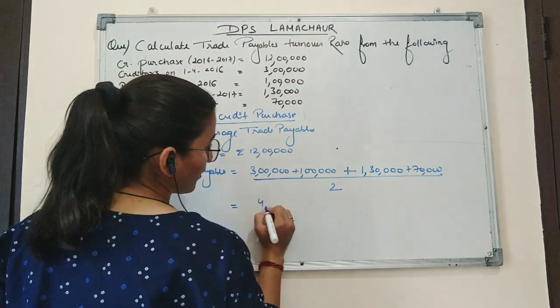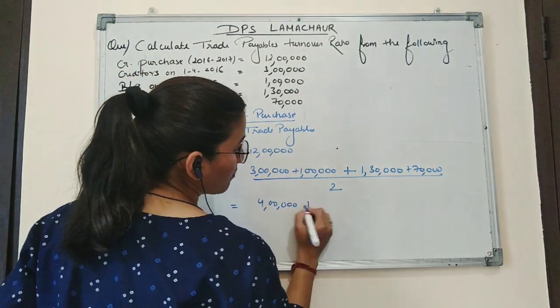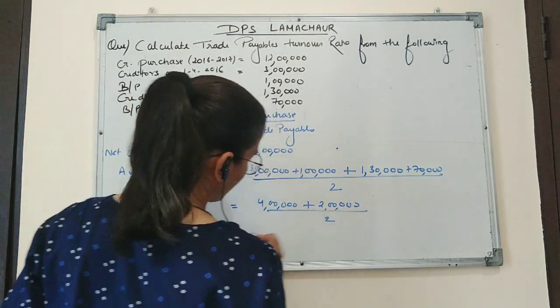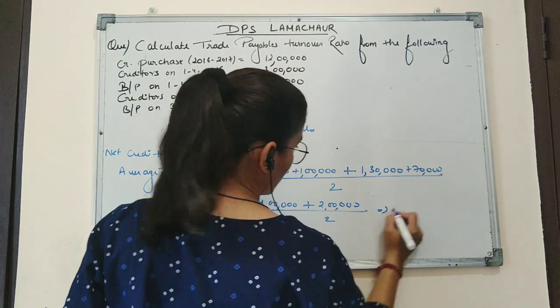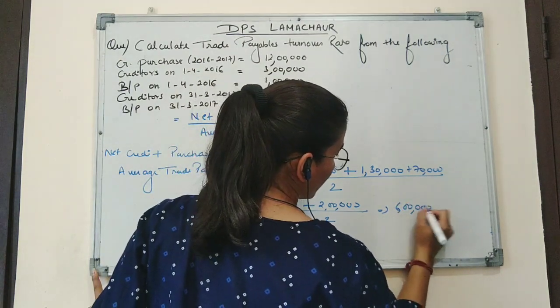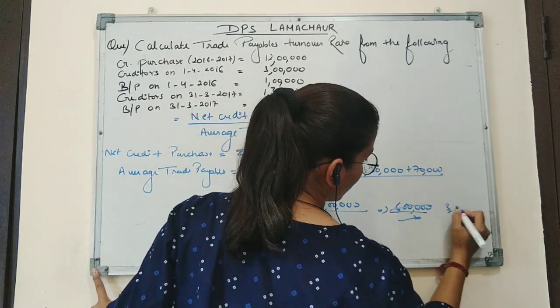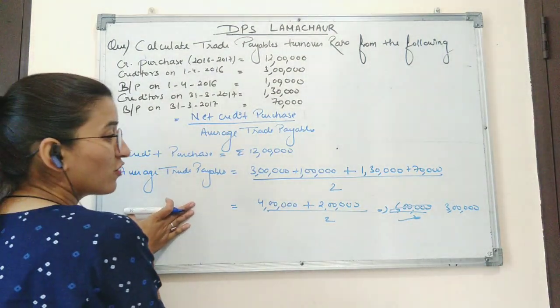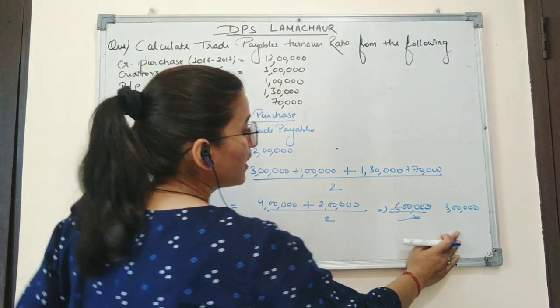So here 4 lakh plus 2 lakh divided by 2 is 6 lakh divided by 2. That means the average trade payables amount is rupees 3 lakh.